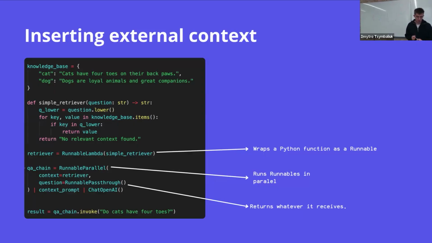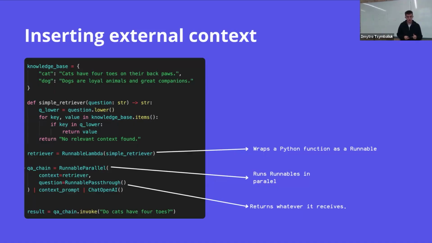You just paste a lambda function or just the name of your function, and it will work. RunnableParallel obviously runs different runnables in parallel. So if you don't want to wait for one function to finish and then wait for another one, you can run them in parallel and save the results in different fields, for example, context and question.